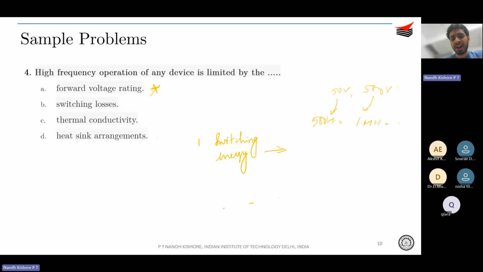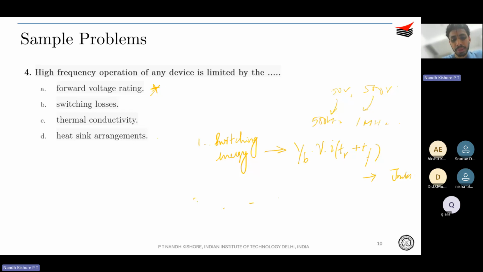And you would have studied that the formula is roughly given by 1 by 6 into V into I into TR plus TF, right? If you consider the on and off time. So this is the switching energy. And since it is energy, it is in joules, right? So it is in joules.